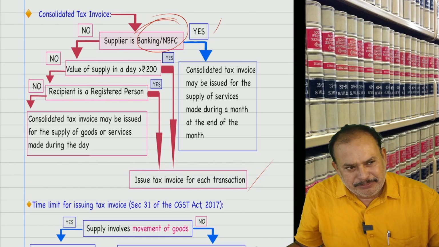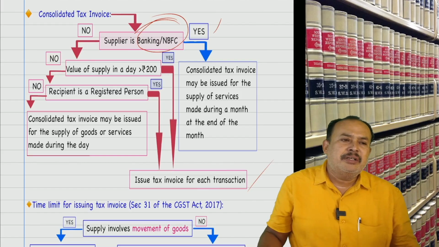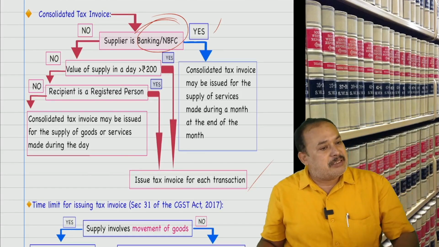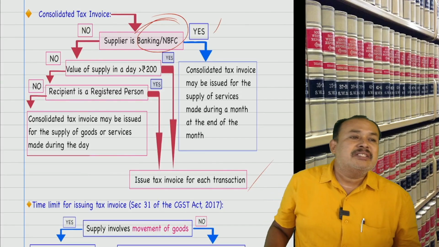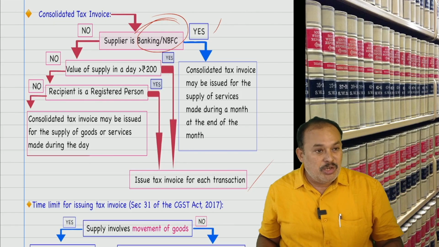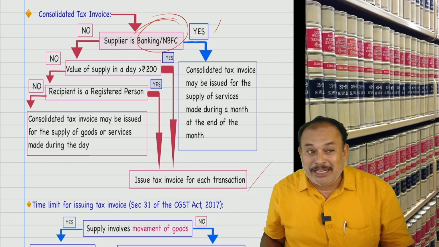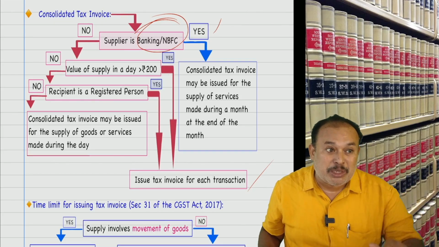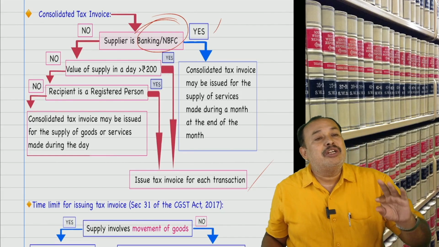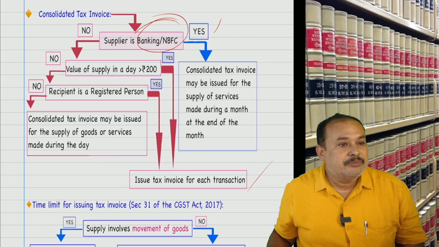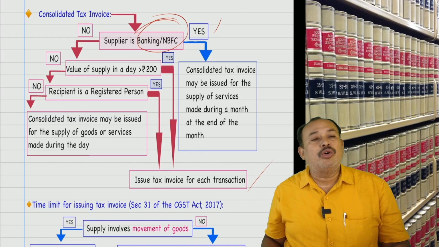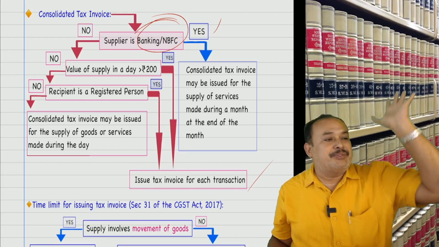Sir, I supply goods, as a registered person, to an unregistered person. How much worth of goods supplied? Sir, goods worth rupees 300. Meaning more than 200 worth of goods you supplied. Like that, I supplied 2 or 3 times, sir. Then also separate invoices.